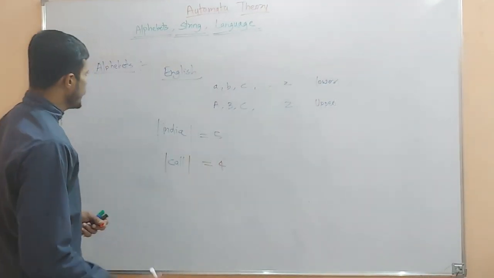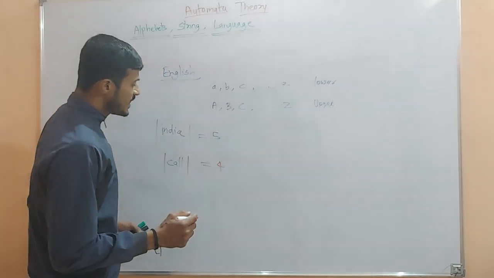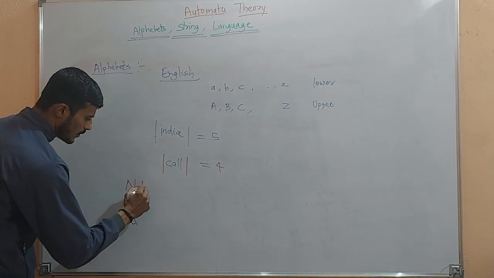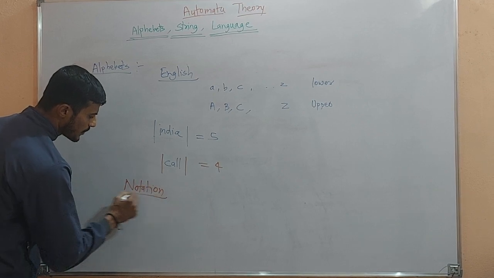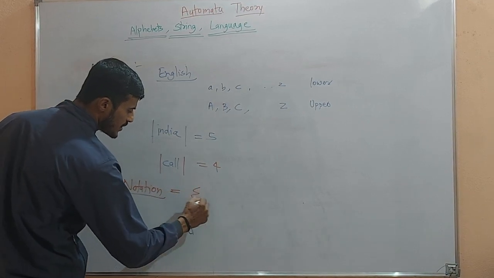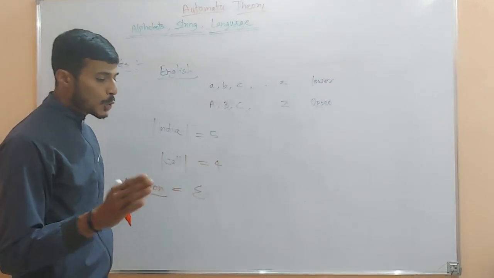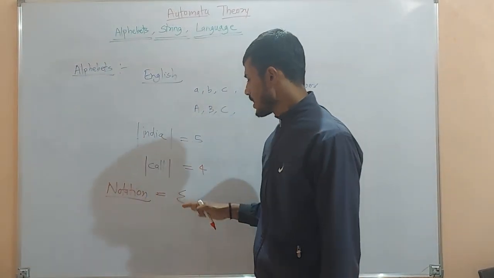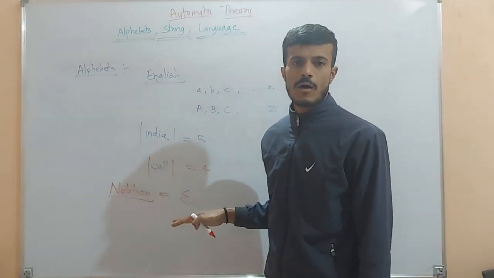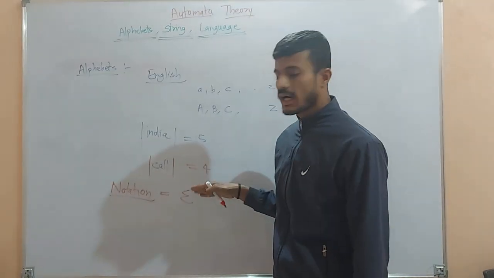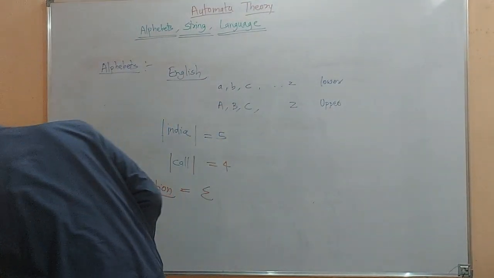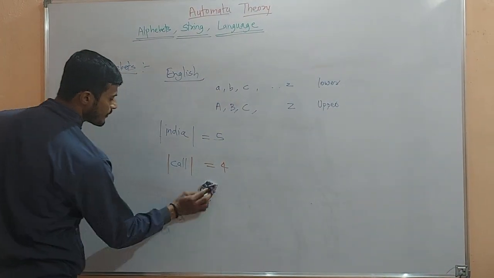Generally, the alphabets are denoted by a notation, which is sigma. Sigma is the notation for alphabet, meaning all the alphabets are covered under the sigma. It is called sigma as well as summation.